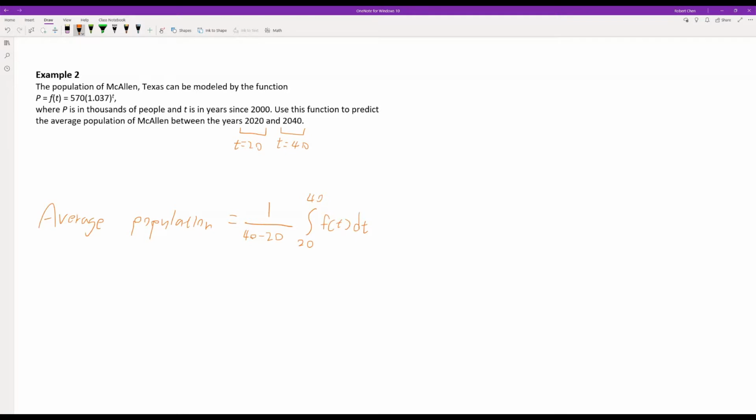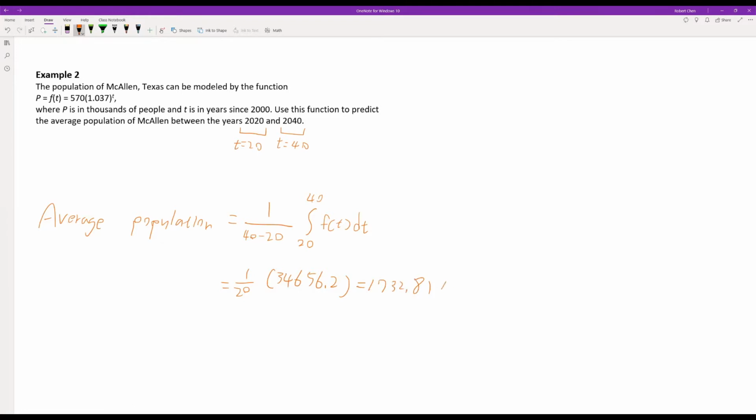Then we can do that using a graphing calculator or online calculator. The definite integral comes out to around 34,656.2, and then you divide by 20, which is 1732.81.